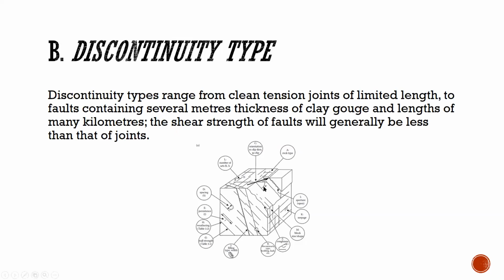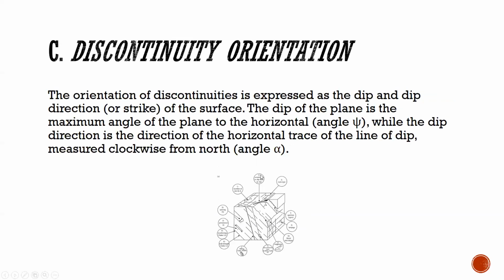This is the phi and this is the alpha that we are measuring for this particular discontinuity plane observed in this particular rock. It is a representative rock, that is not reality, but within a rock we are trying to accommodate all the features. After the discontinuity has been found, we should measure the orientation. Orientation means we will find out the dip amount and the dip direction that we have already discussed.